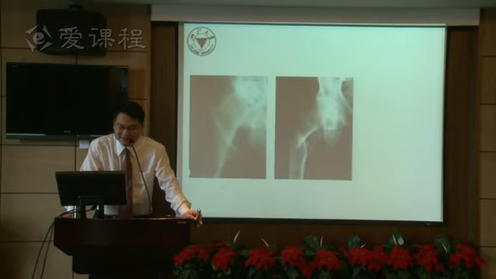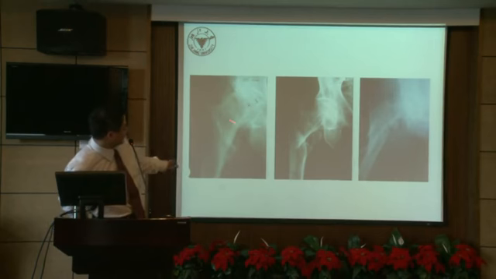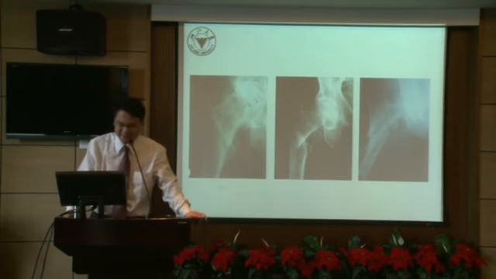These are some cases of different types of fractures. These are not displaced. Here the lesser trochanter is displaced substantially, and the angle of the femoral neck and shaft is reduced to some degree, and these are comminuted fractures.